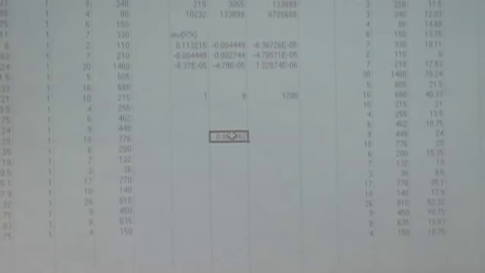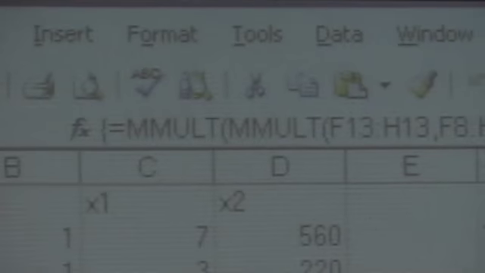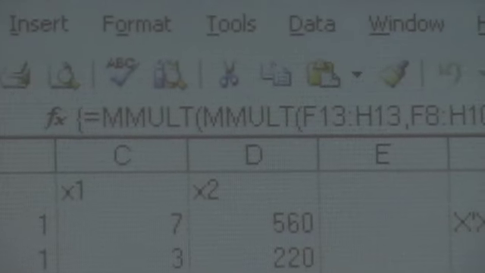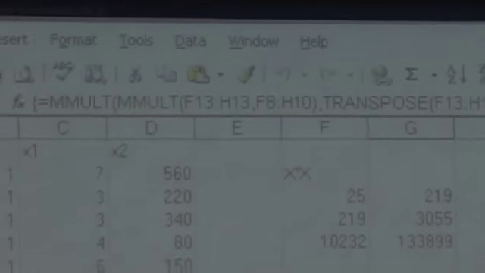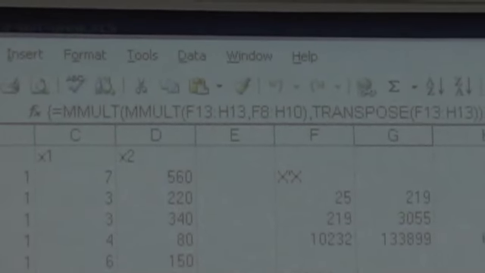This was to multiply F13 through H13, F8, H10, transpose F13. What is F13 to H13? Oh, it was this one. Yeah, this was a particular problem: I want to change these numbers, right?